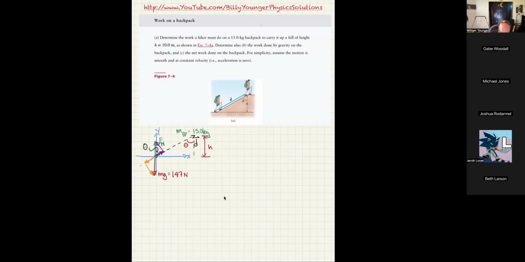Okay. Now, it might not be as easy to find how theta relates to the mg vector, but we can do that as well because we know, for instance, this angle is 90 minus theta, and notice they're across a vertex from one another, so this angle and this angle are identical. So this angle is the same as that angle.